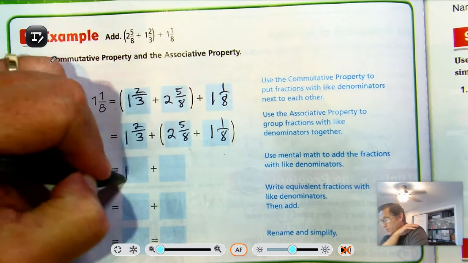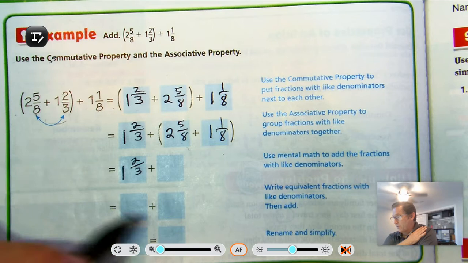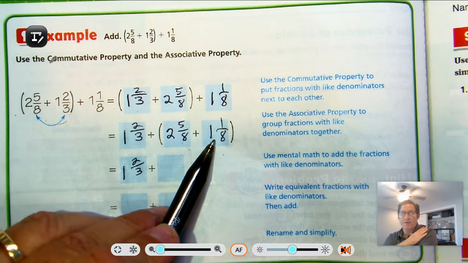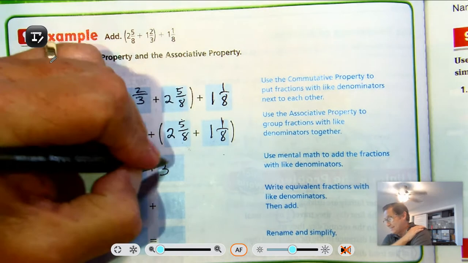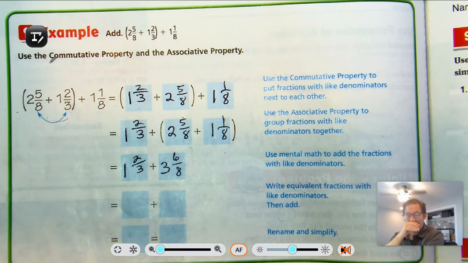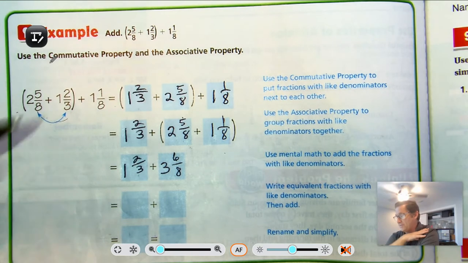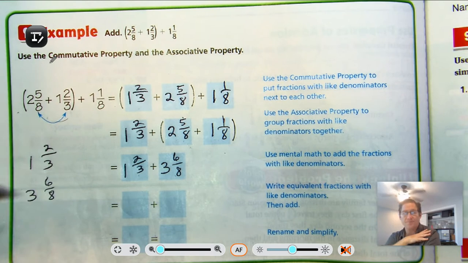All right, well, we're going to rewrite 1 2/3. Okay, but we're going to simplify this. Well, 2 and 1 is 3, and 5 and 1 is 6. So we have 3 6/8. Well, I can't add thirds and eighths.